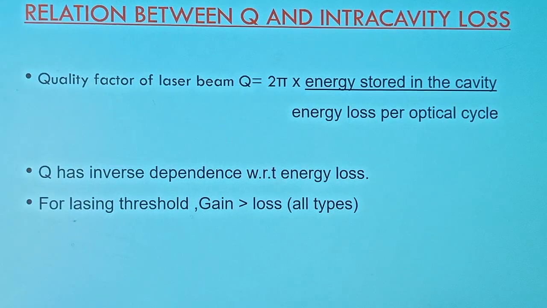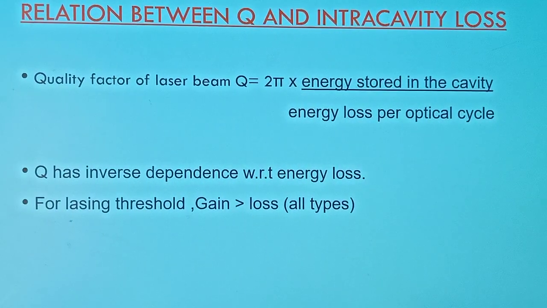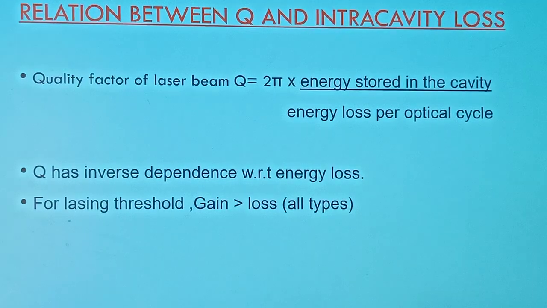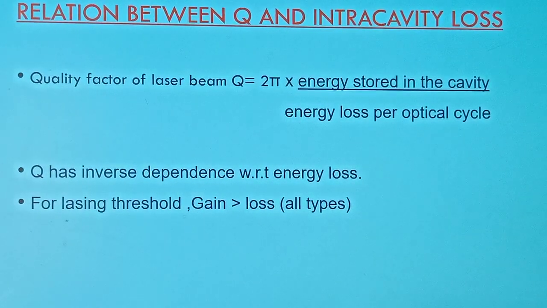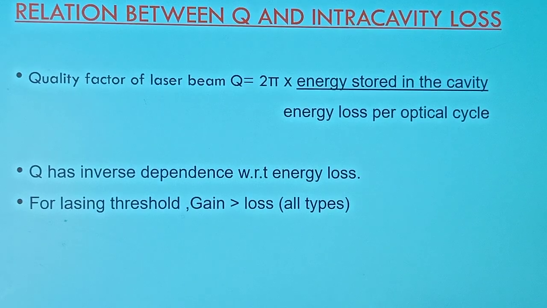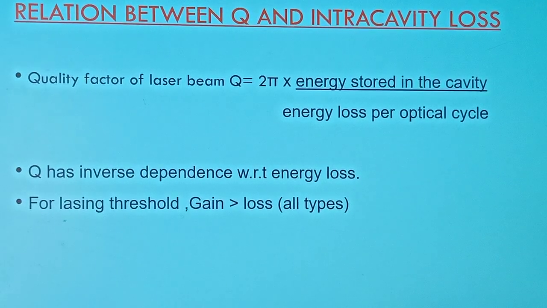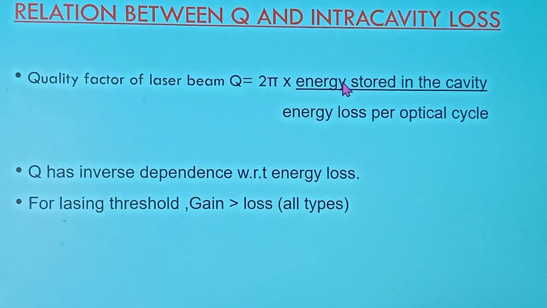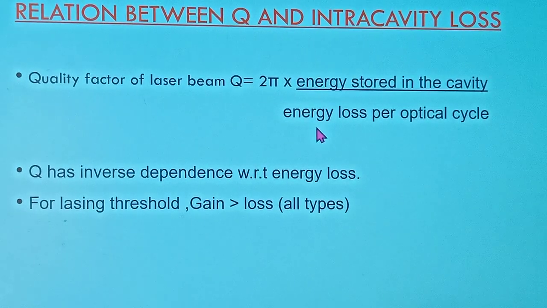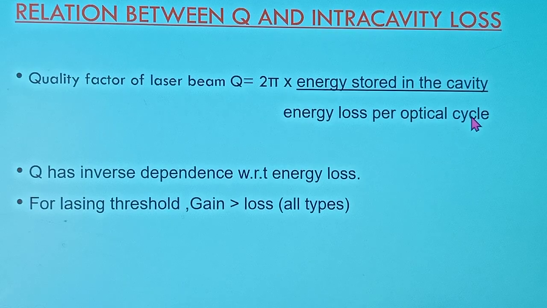So in Q switching we have to say something about the quality factor of the cavity, Q. So this Q is what is switched. Look here, Q is equal to 2 pi times the energy stored in the cavity divided by the energy loss per optical cycle.